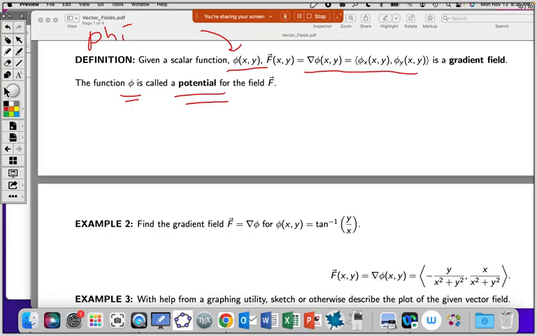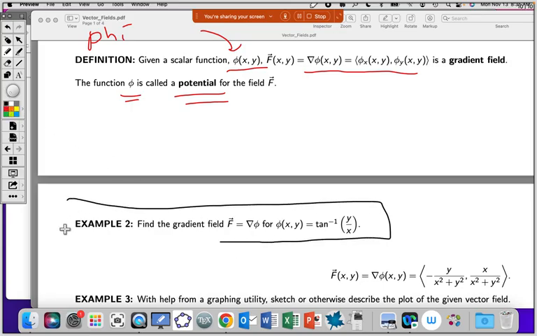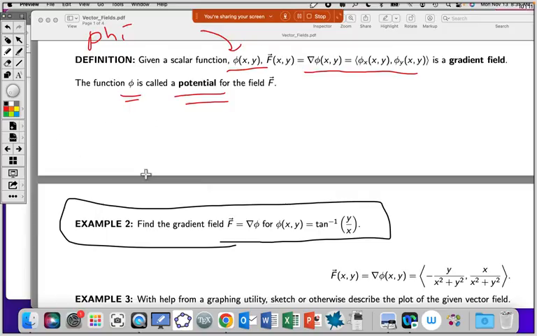So for example, find the gradient field associated with phi of x y equals inverse tangent of y over x. This may look familiar from a previous take-home assignment.